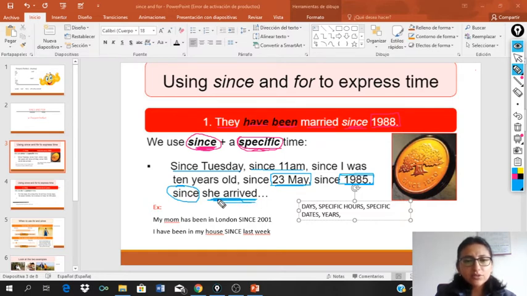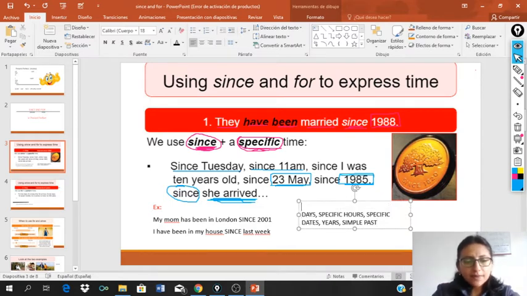We use it also for simple past, okay? Simple past. We use since with days, specific hours, specific dates, years, and simple past.